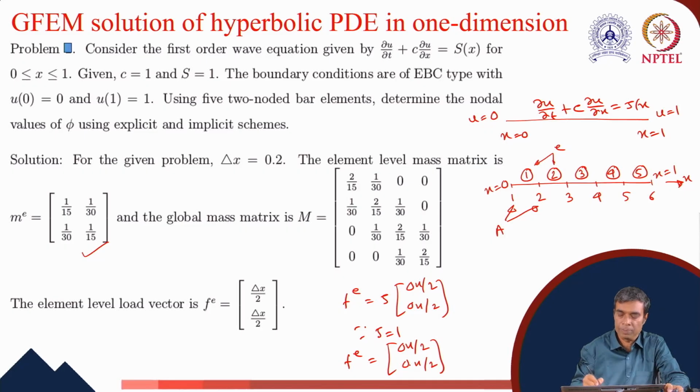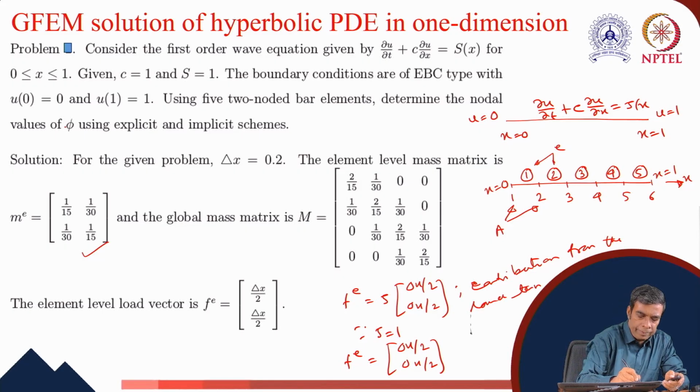This is contribution from the source term. In the question, this phi should be replaced by degree of freedom u.